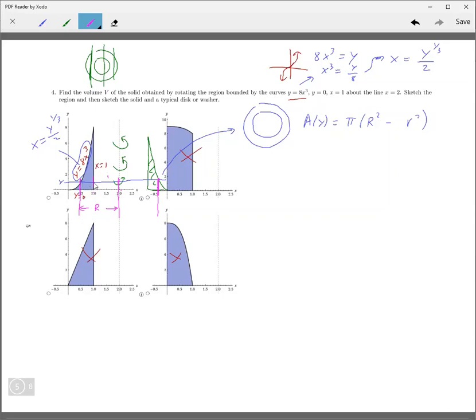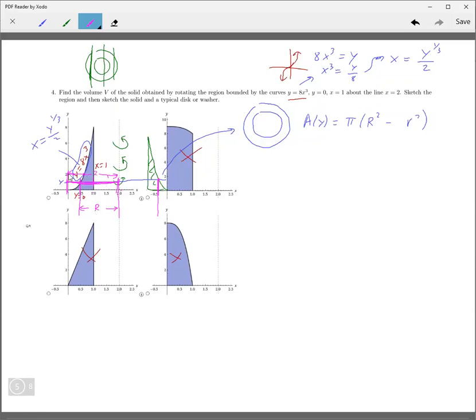Hold on, let's do this. This is the best way to do it. This distance here is 2. From here to here is 2. So from there to there is 2.